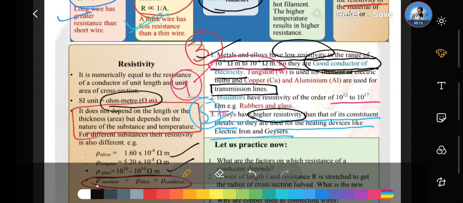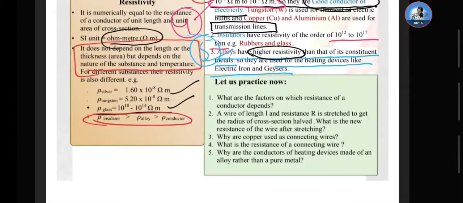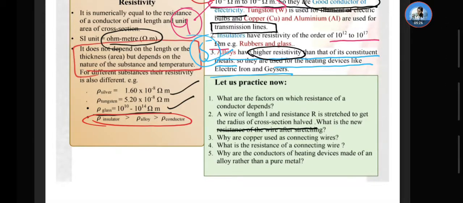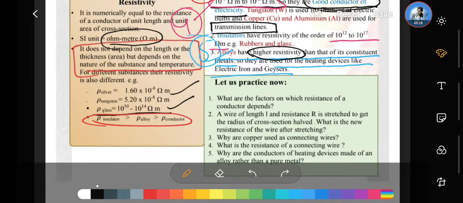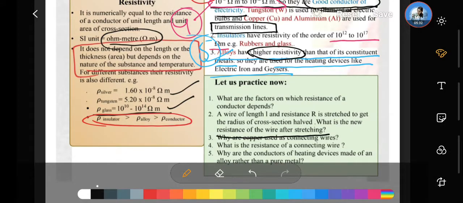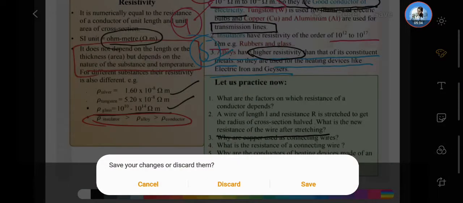Now the most important and typical question of this worksheet is question number 2. A wire of length L and resistance R is stretched so that the radius of its cross section becomes half. We have to calculate the new resistance. So let's move with me, we solve it very easily.